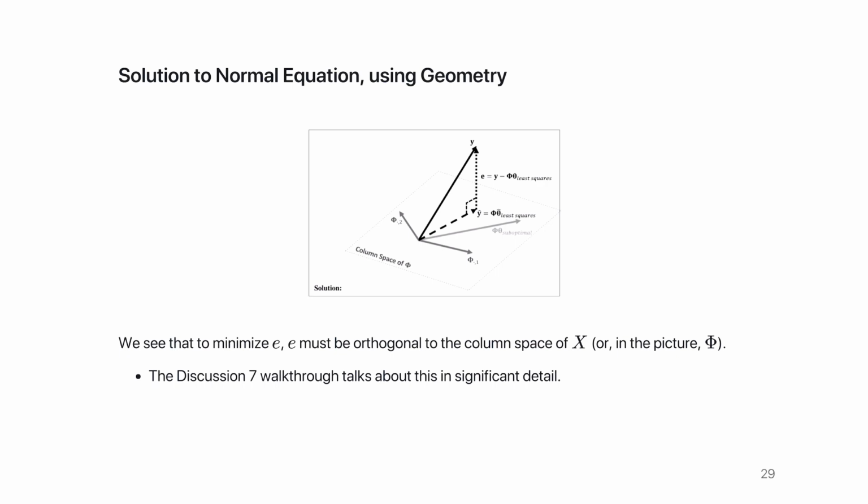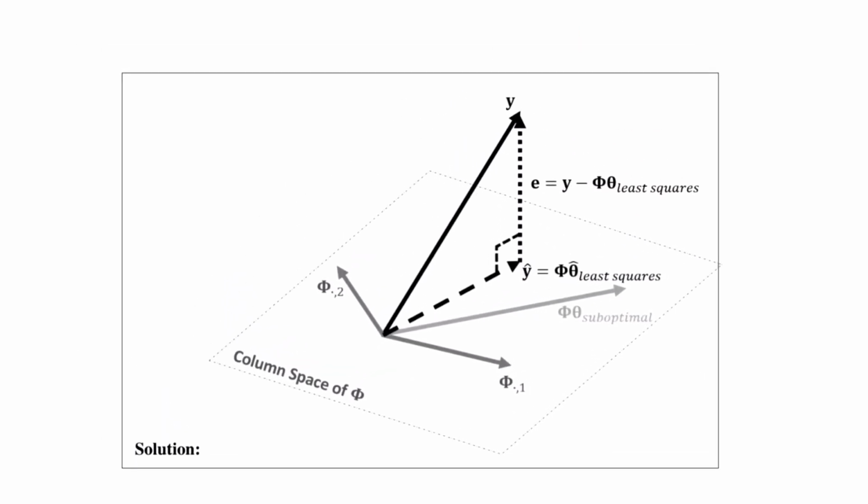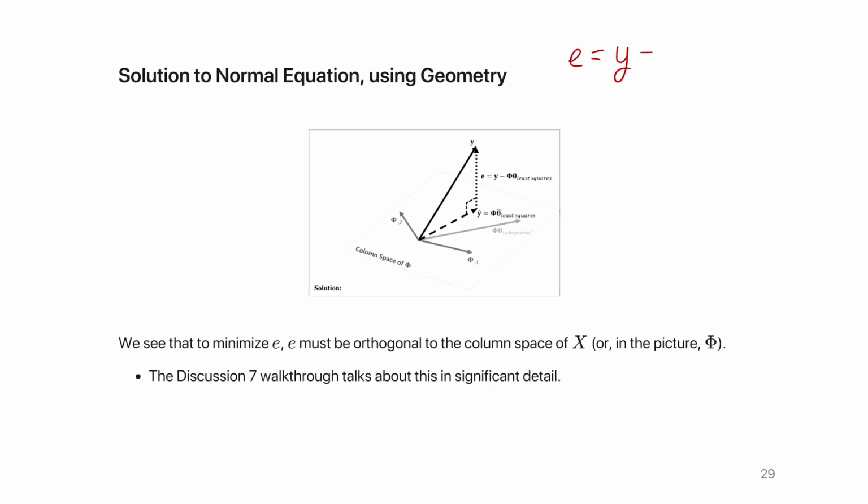And so this error vector is the difference between our actual y value and our predicted y value. So we have y minus, this diagram is a relic from previous semesters where we used phi instead of x and theta instead of beta. So this should be x beta. Essentially, what you'll see is that the way to minimize this error vector is picking an error vector such that it's orthogonal to the column space of x.